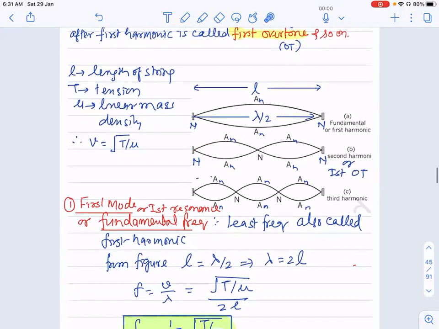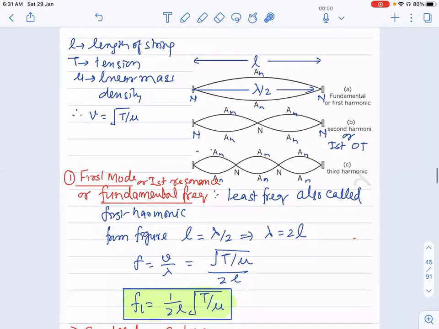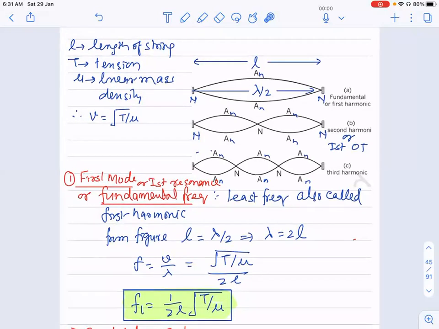So what will be the frequency of the first harmonic? This mode of vibration is also called first harmonic, or first resonance, or fundamental frequency. So this is the diagram.